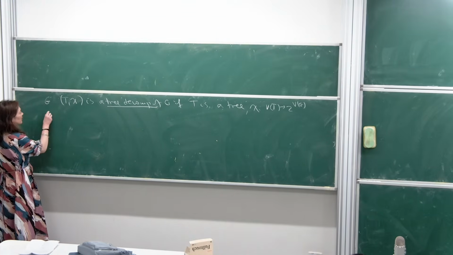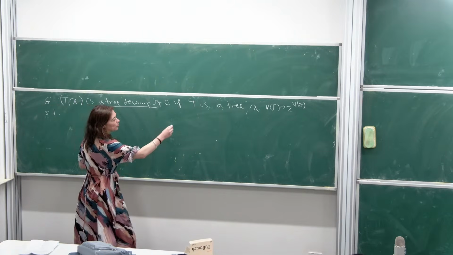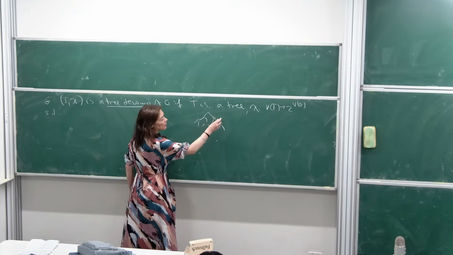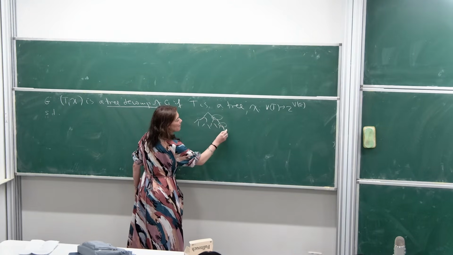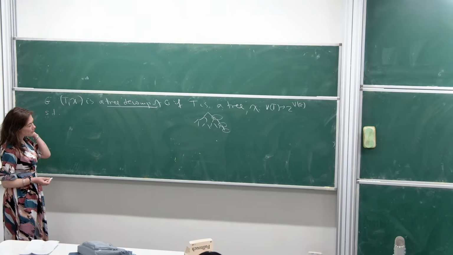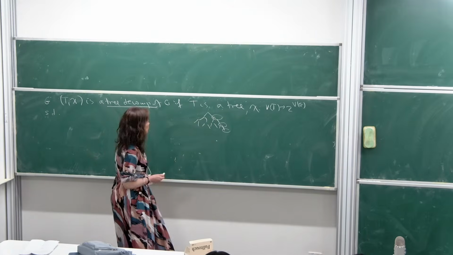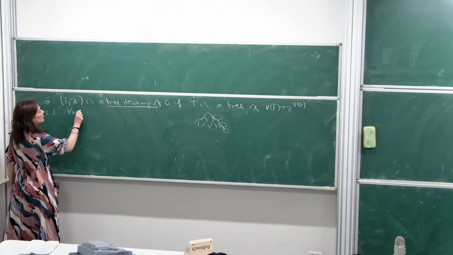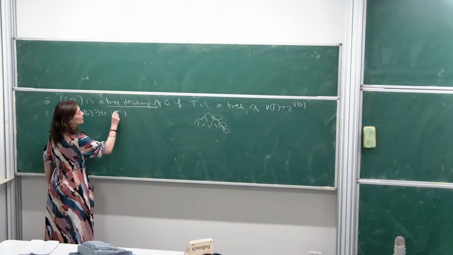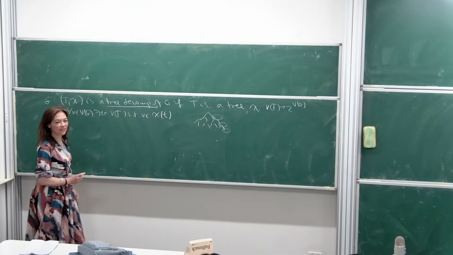You should imagine a tree T, and for every vertex of the tree you associate a bag of vertices of G. Rule number 1 is every vertex of G is in some bag. For every vertex v of G there exists t such that v is in the bag defined by t.